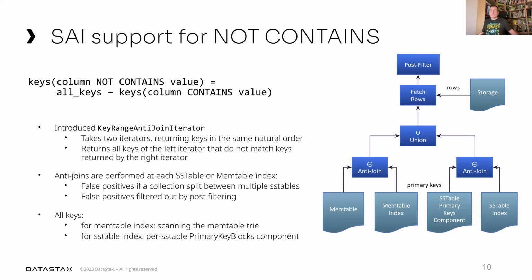The iterators are, of course, sorted by keys. Then we do those anti-joins per each index, per each mem table or SS table that we have, and afterwards we concatenate all the things together as usual and get the final result set. Because of those anti-joins, not contains is not as fast as the contains operator, but it should still be faster than filtering most of the time.